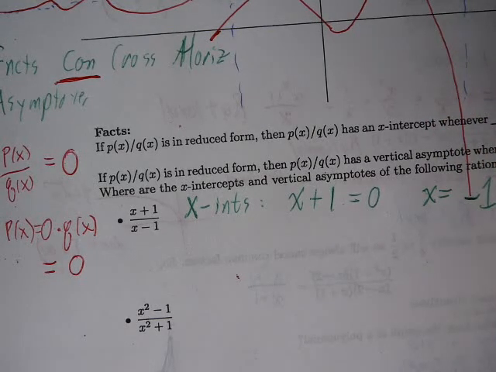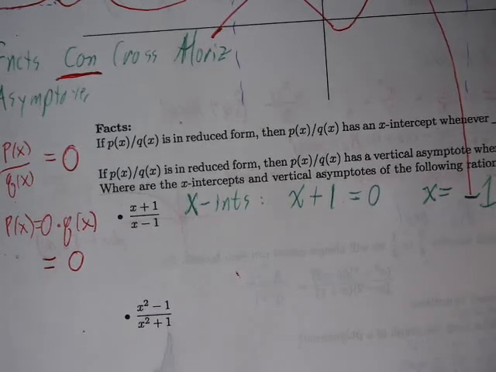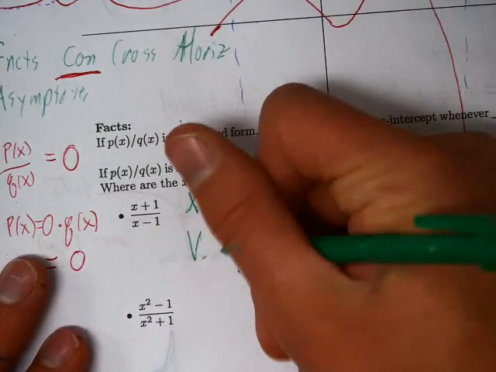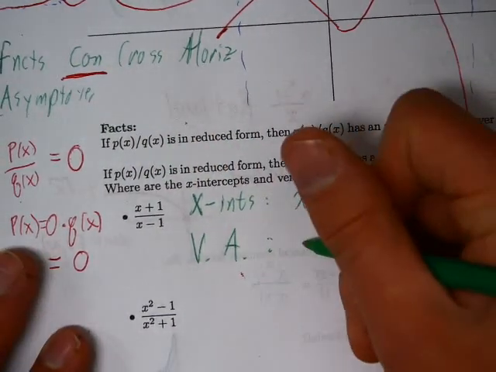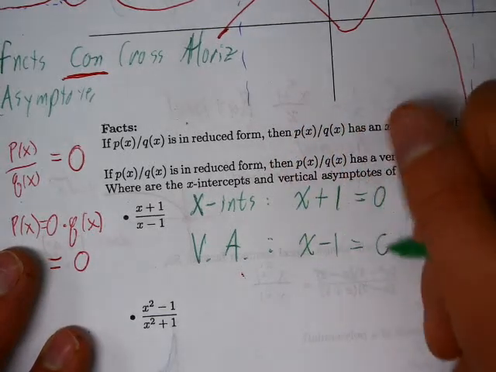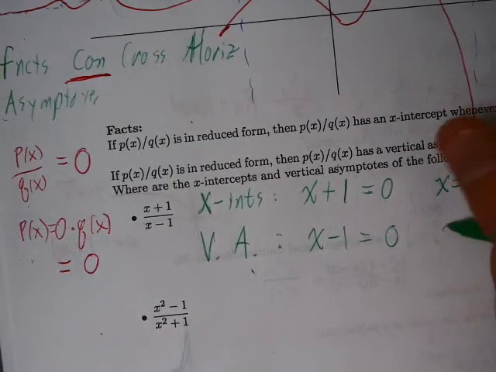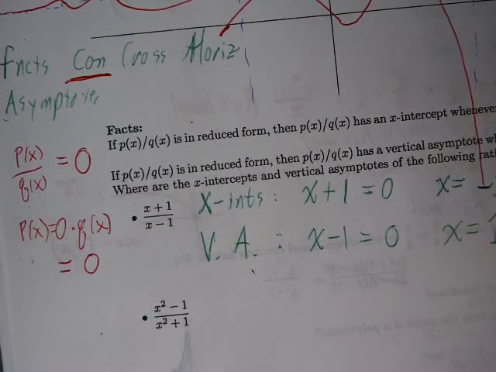Yeah, so there is an x-intercept at negative 1, 0. If you want to find the vertical asymptotes, you need to set the denominator equal to 0. What is the solution to that equation? x equals 1. So there is a vertical asymptote at the line x equals 1.